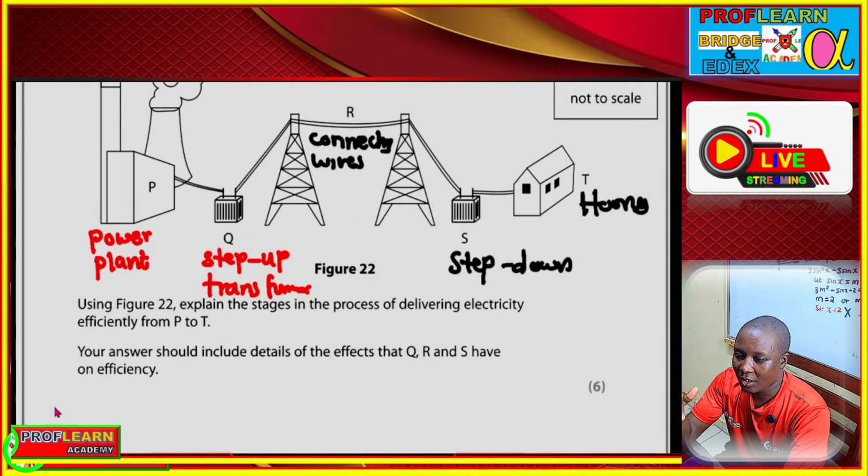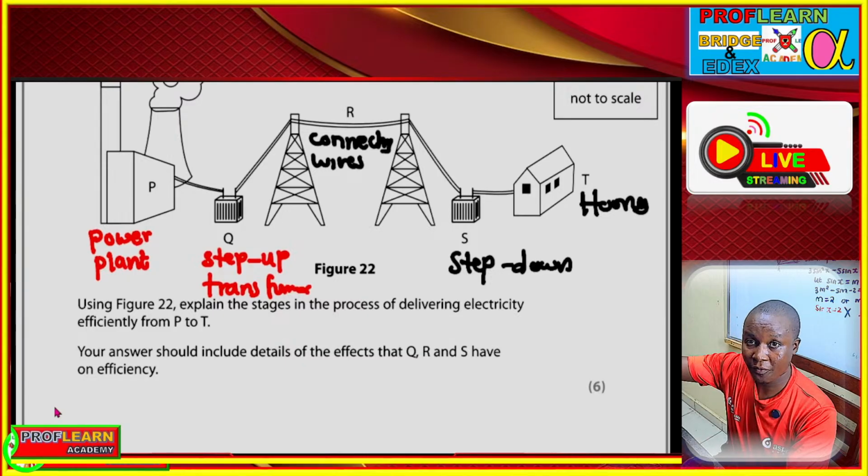So in this question, we are supposed to state, using figure 22, and explain the stages in the process of delivering electricity efficiently from P to T. Your answer should include the details of the effects of Q, R, and S. We have said Q is the step-up transformer, which is going to increase the voltage.